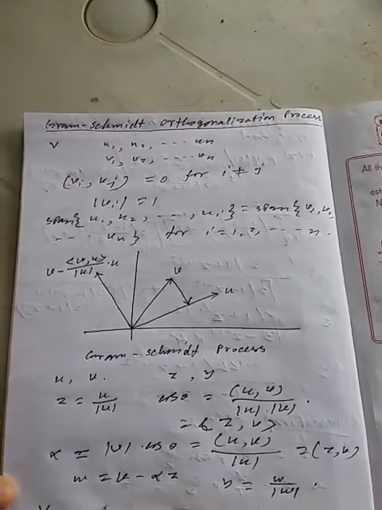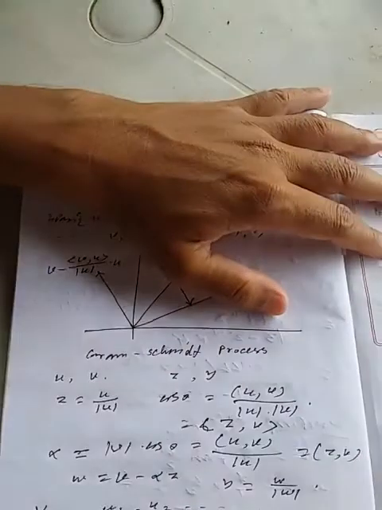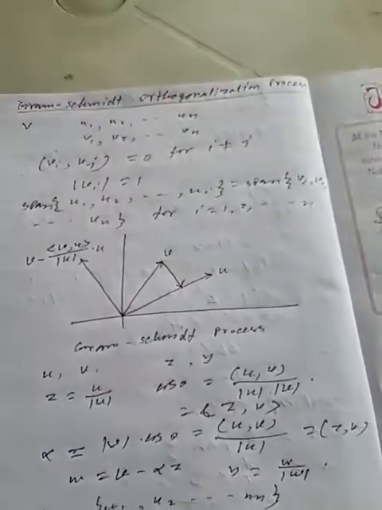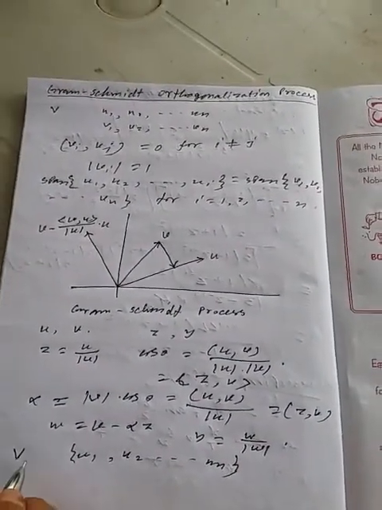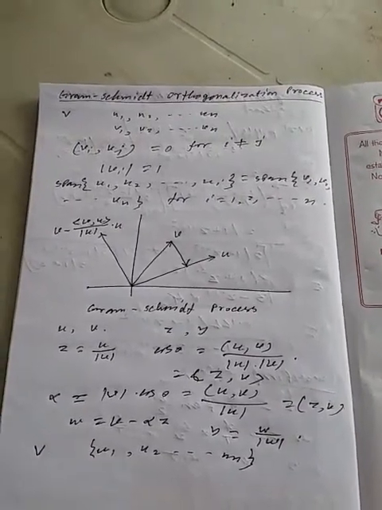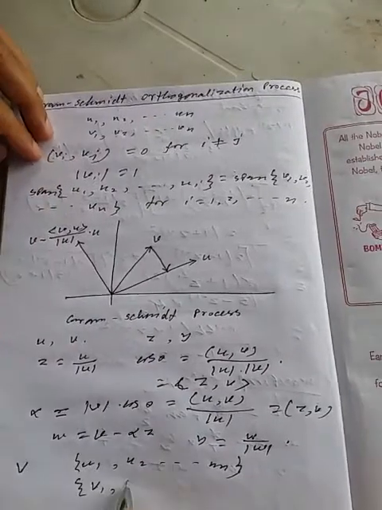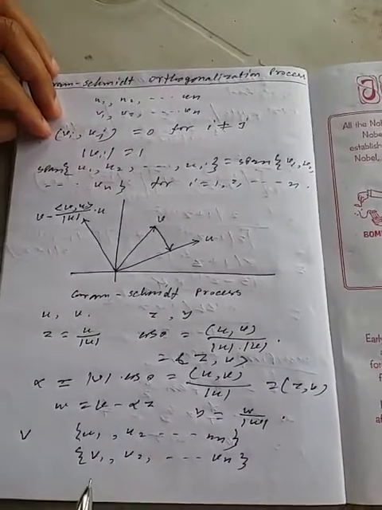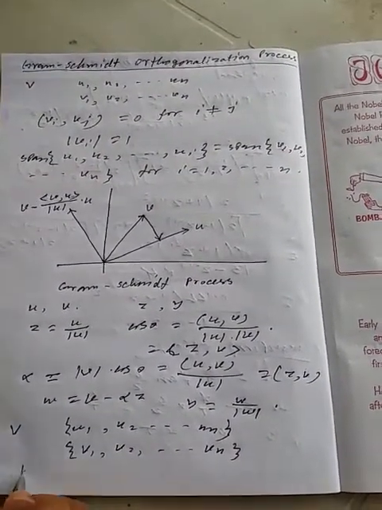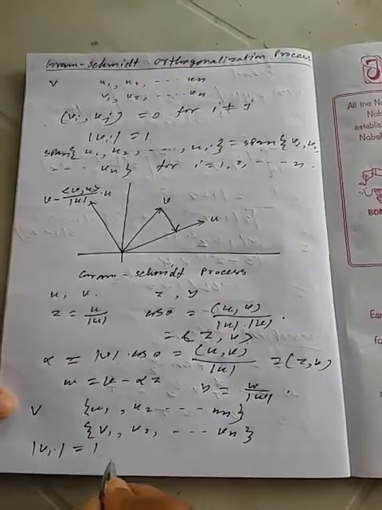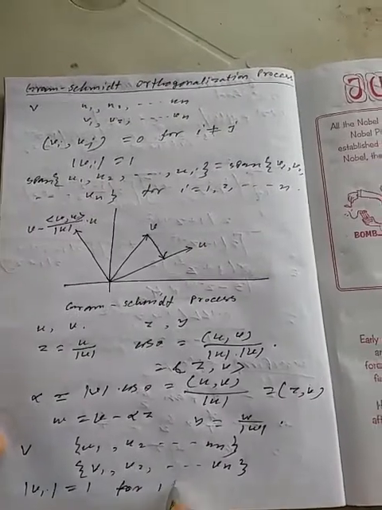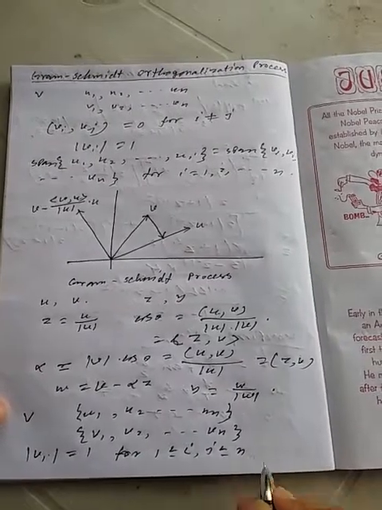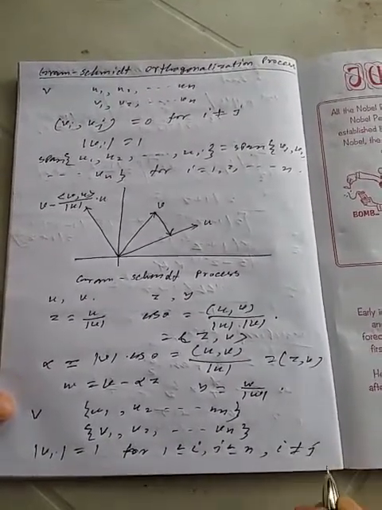Suppose u1, u2 up to un is a set of linearly independent vectors of capital V. Then there exists a set of vectors v1, v2 up to vn of V satisfying the condition: number 1, mod of vi equal to 1 for 1 less than equal to i, j less than equal to n and i not equal to j.